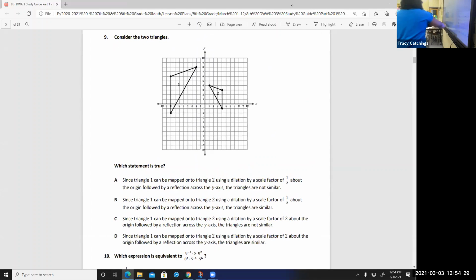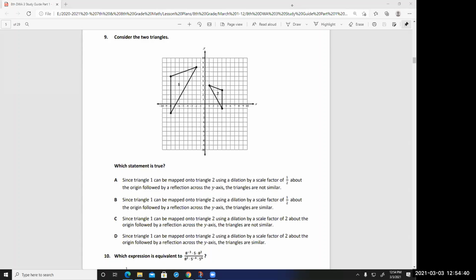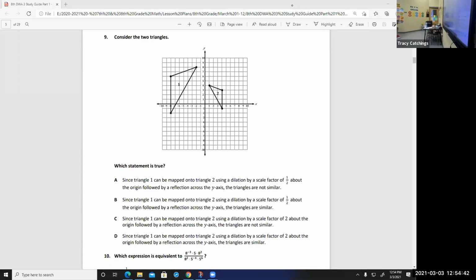All right, number 9. It asks us to consider these 2 triangles. What do you recognize about those triangles? Are they the same? Are they different? Okay, one is bigger than the other.